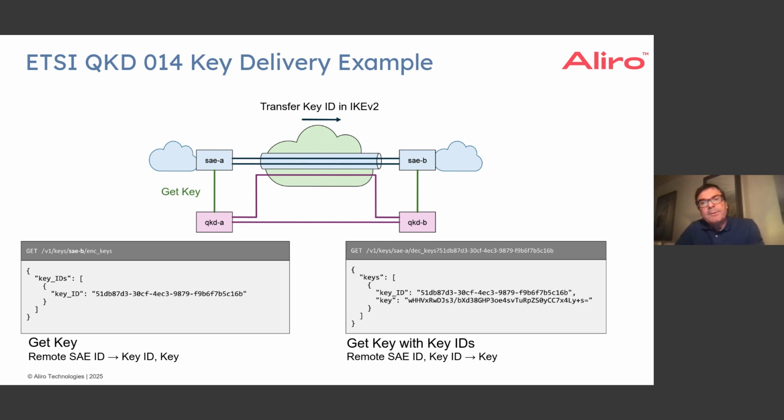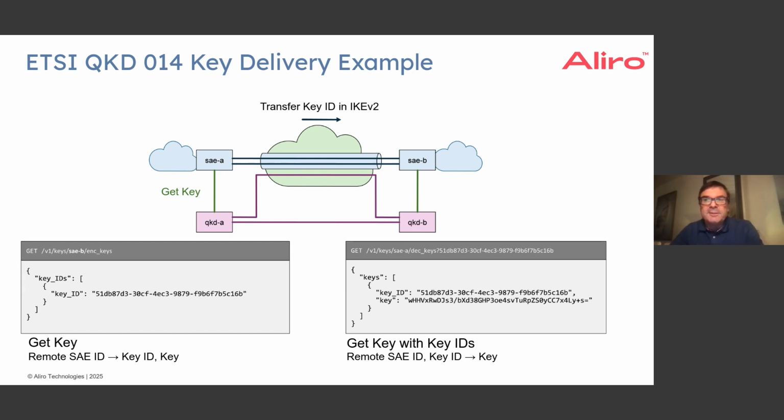Here we see an example of a pair of QKD devices delivering a pair of symmetric encryption keys to a pair of IPsec firewalls. In this particular example, I'm showing an ETSI QKD 014 example, but if I had shown a SKIP example, it would look almost identical. Both ETSI QKD 014 and SKIP are REST interfaces that run over HTTPS.